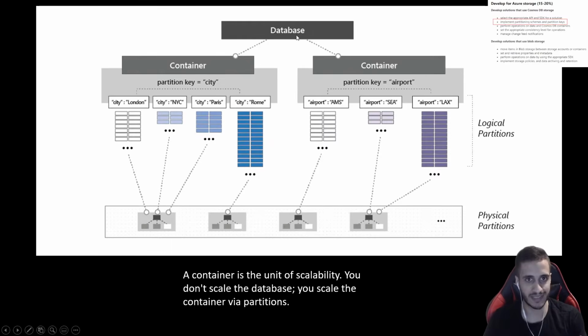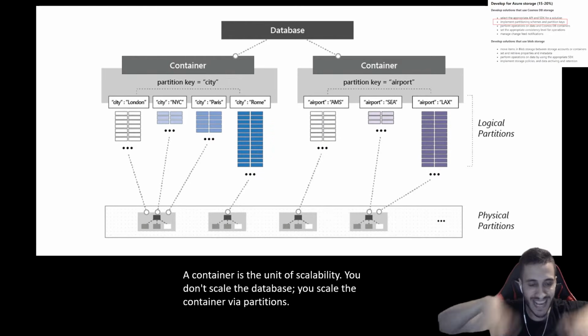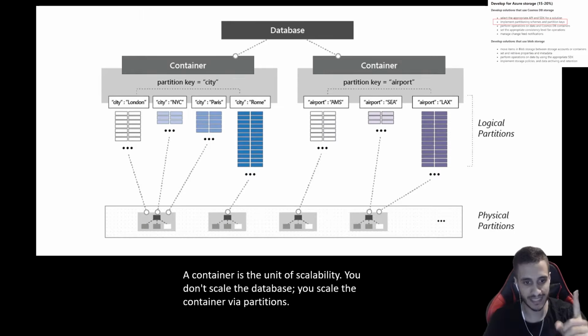So if I want to summarize that, you have a database and you have a series of different containers that are placed across physically separated partitions. And with that being said, we consider the container as the unit of scalability. So in Azure Cosmos DB, you don't scale the whole database itself. You actually scale the container via partitions. So you increase the partition counts and you place those containers across those partitions.